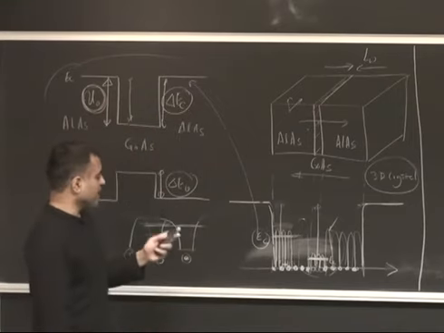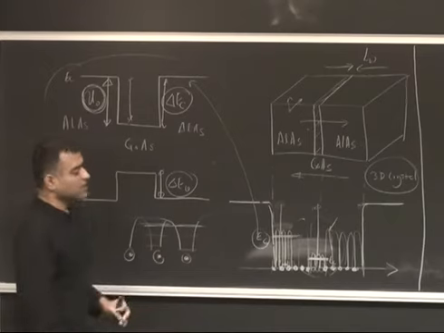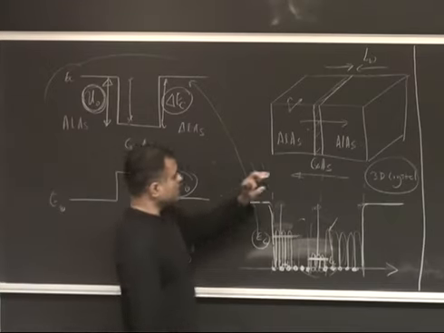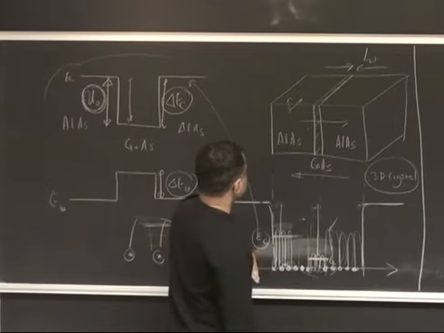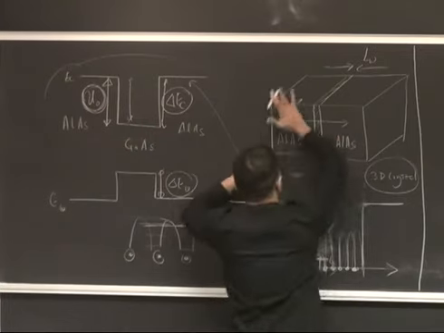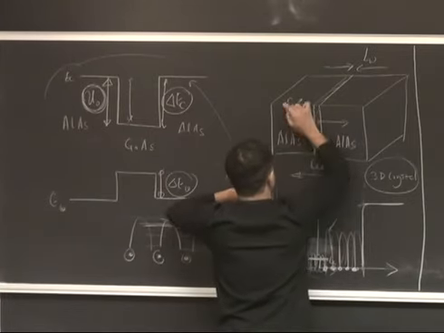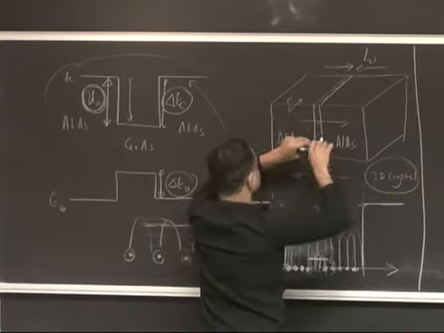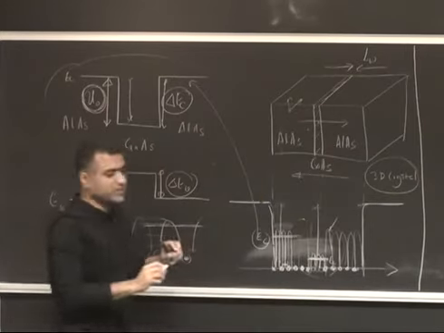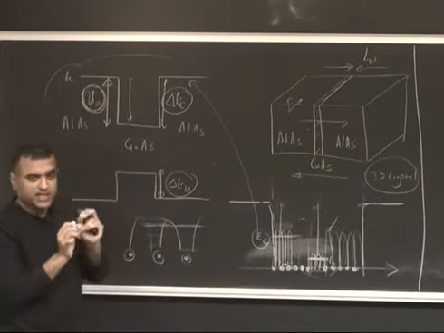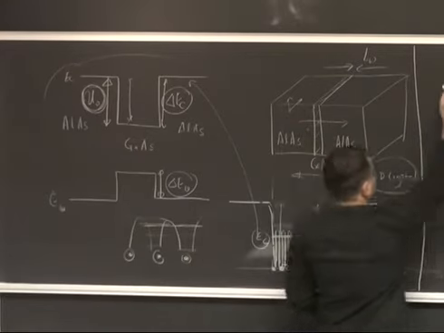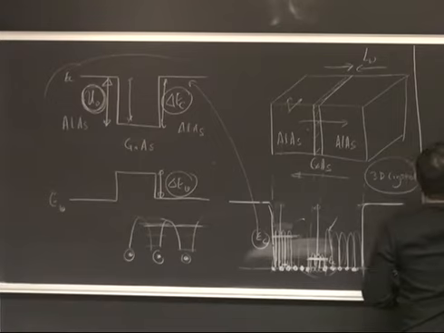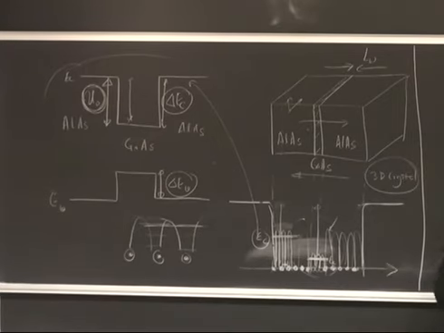If we had a situation where, instead of a very large area in the cross section here, I chose a very narrow region, that would be, for example, a nanowire. You can actually make this crystal, instead of being like that, a very narrow diameter.